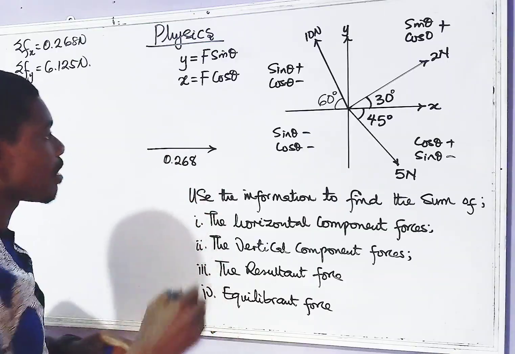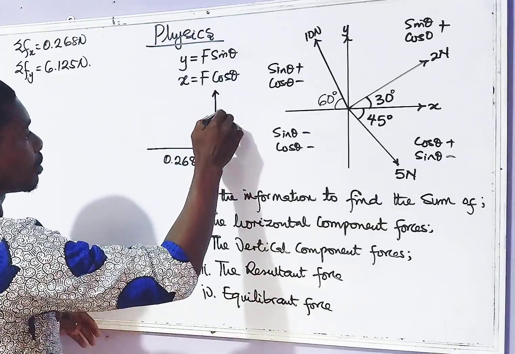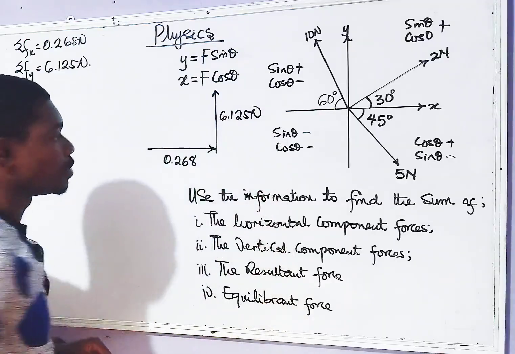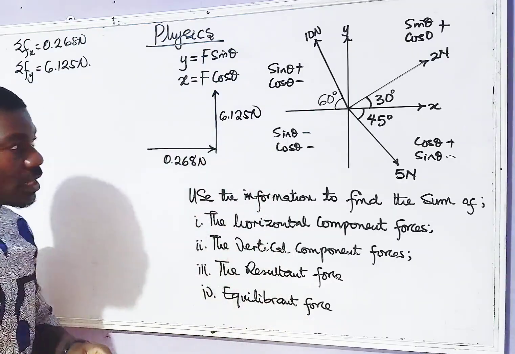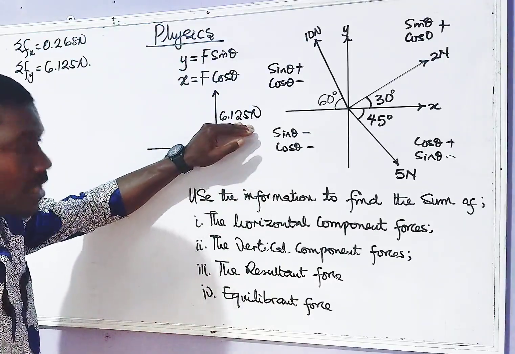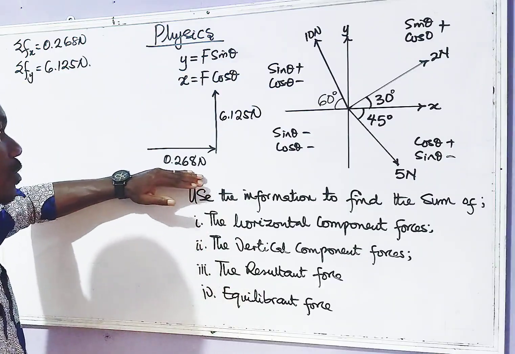Now, the whole of the vertical forces is given as what? 6.125 Newton. So all the vertical forces have been resolved to this, and all the horizontal forces have been resolved to this.